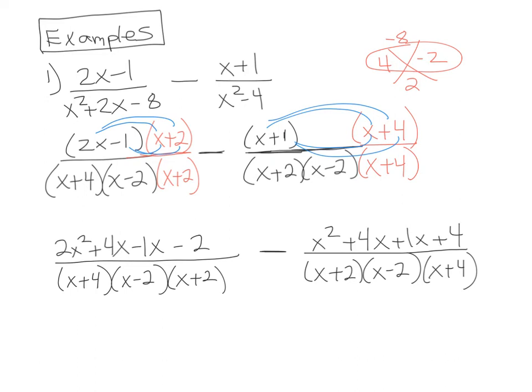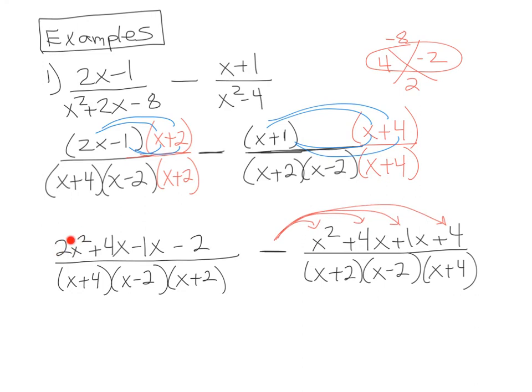Okay, the next step is add or subtract like terms in the numerators. Be aware that you might have to distribute a negative, so in this case we do. We have to distribute this negative and leave the denominator alone. Leave it in factored form. All right, we're going to get our final answer here. Adding and subtracting like terms, distributing a negative.